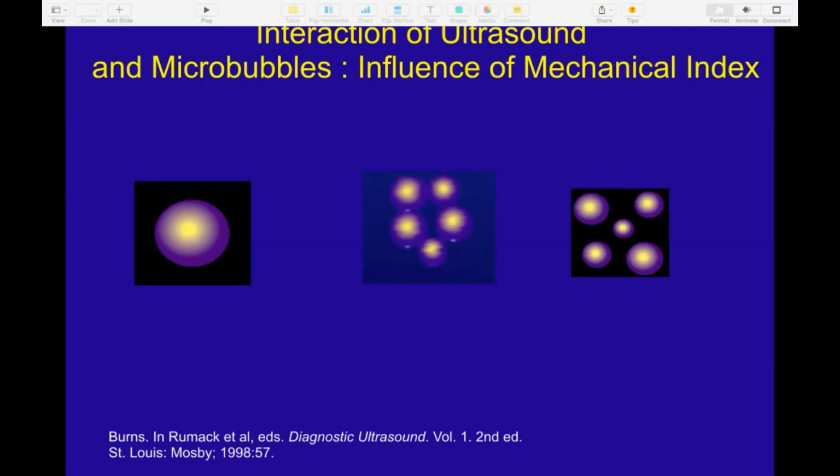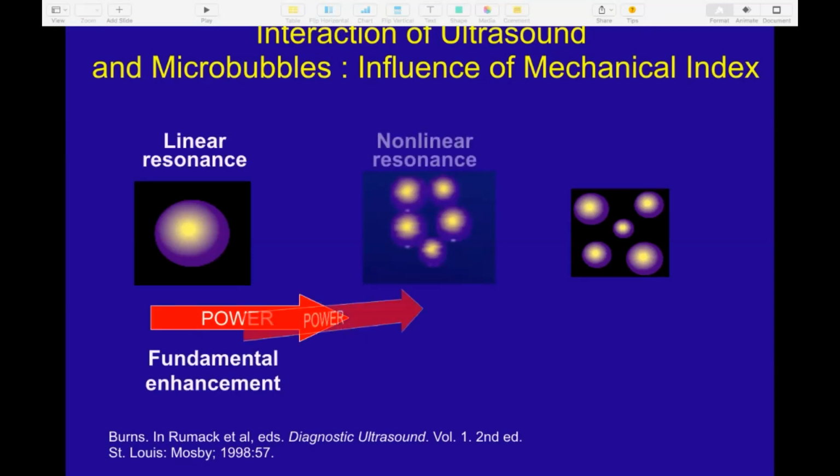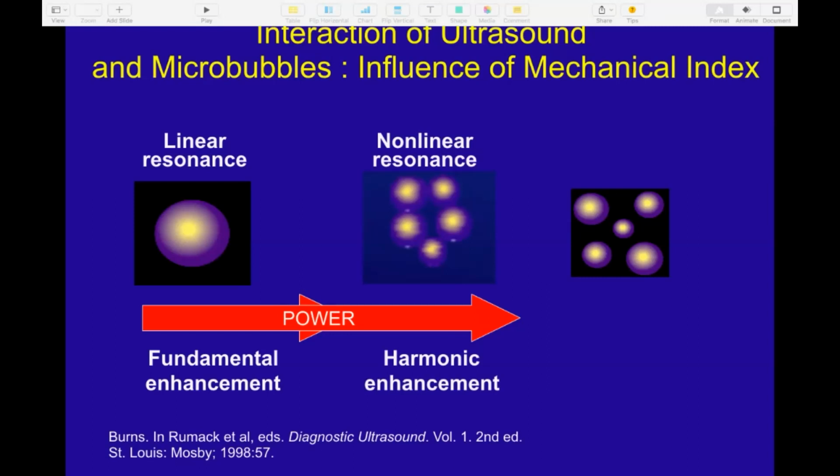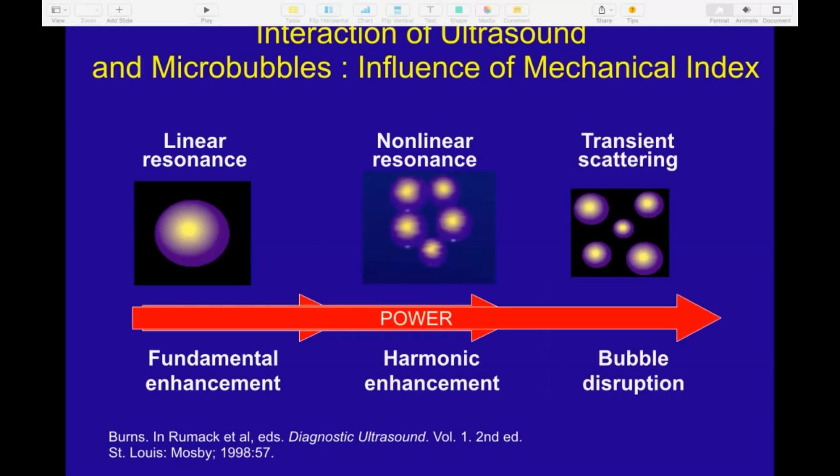So what we know is that when the ultrasound sends out a beam, tissue and blood respond in a linear fashion. Whereas what has been noted with gas-filled and stable shell microbubbles is that as you increase the power of the ultrasound, or the peak negative pressure, or the mechanical index, these bubbles start with a slight nonlinear resonance, which progressively increases, and at extremely high mechanical indexes, they have significant nonlinear resonance, but they also disrupt at the same time.